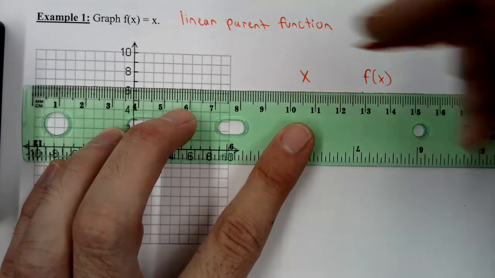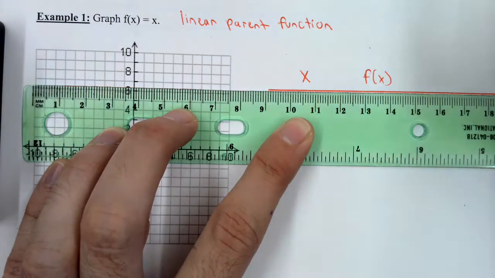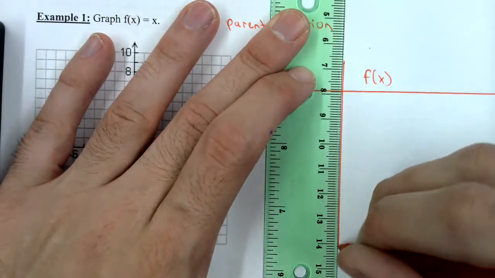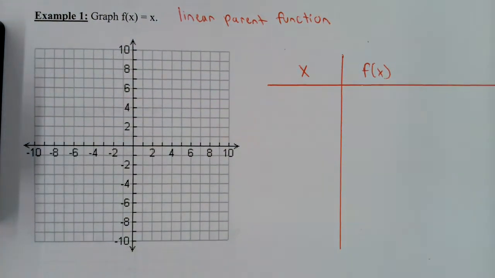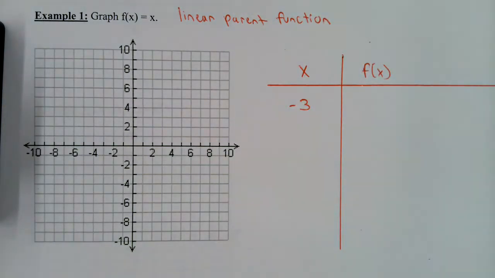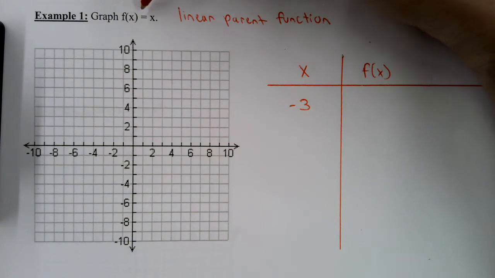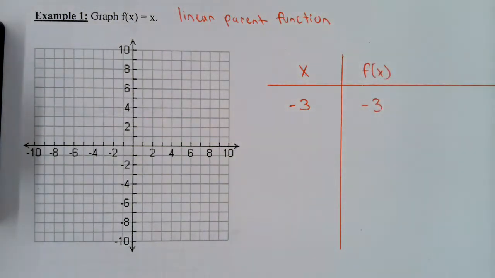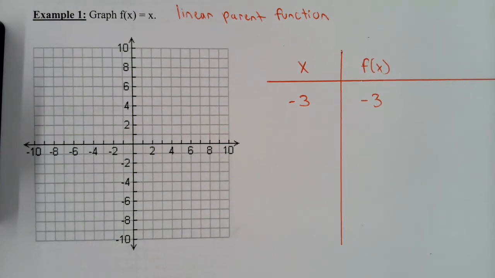Okay, so here we go. When x is negative 3, f of x equals x, so f of x is negative 3. I'm going to do some negatives, 0, and some positives in this table.